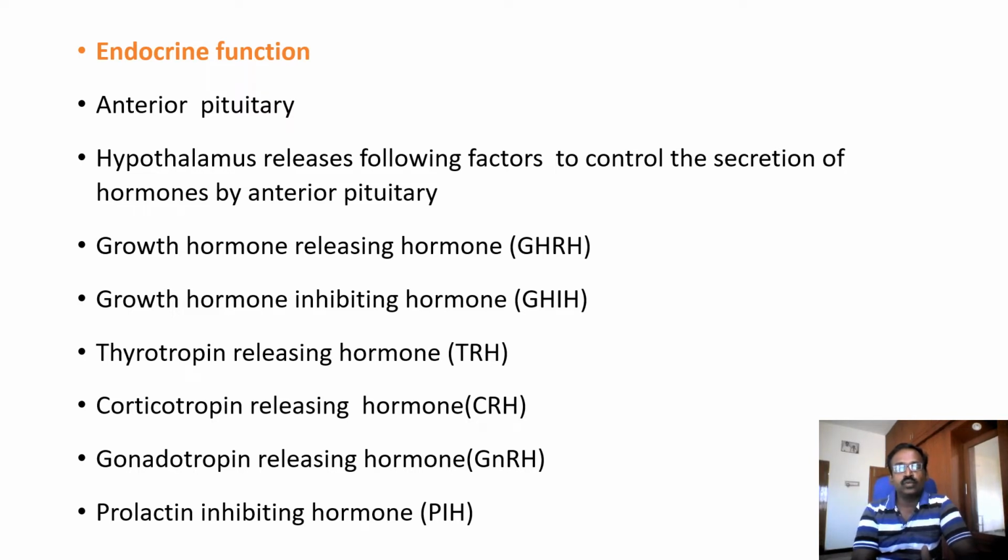Examples are growth hormone releasing hormone and growth hormone inhibitory hormone or somatostatin, thyrotrophin releasing hormone, corticotrophin releasing hormone, gonadotrophin releasing hormone, and prolactin inhibiting hormone or somatostatin. These are released from the hypothalamus and control the secretion of the anterior pituitary hormones.